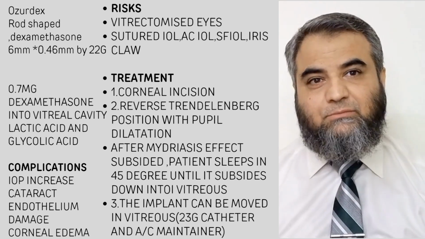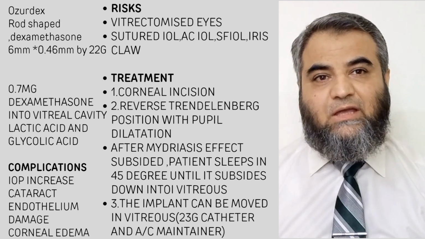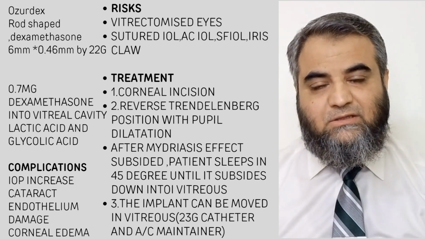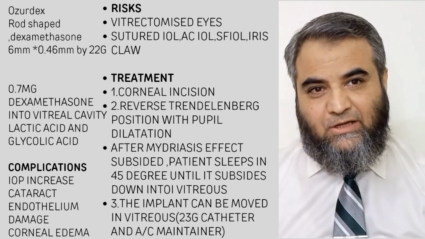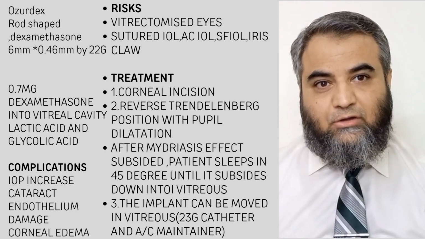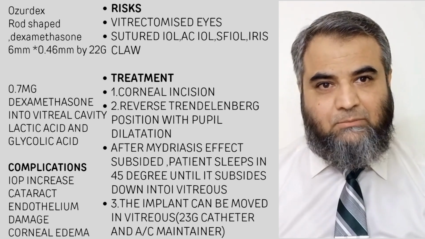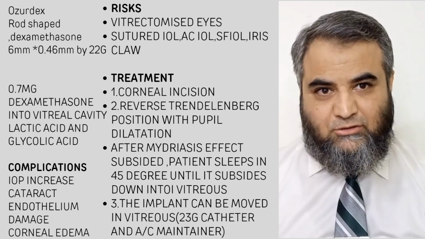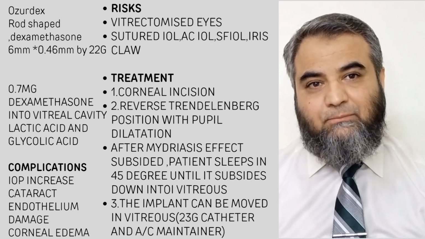This is a rare but possible complication, and it usually happens in eyes which are vitrectomized, in which we have put scleral fixation IOLs, anterior chamber IOLs, Artisan lenses, or they have PCRs, or anyway where the anterior face is disturbed, maybe a zonular defect, so it can come into the anterior chamber.